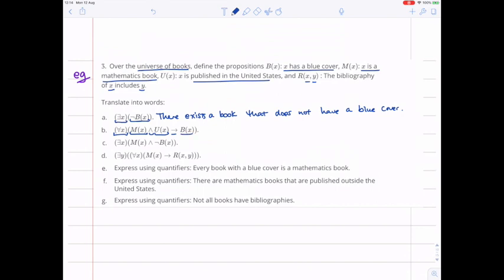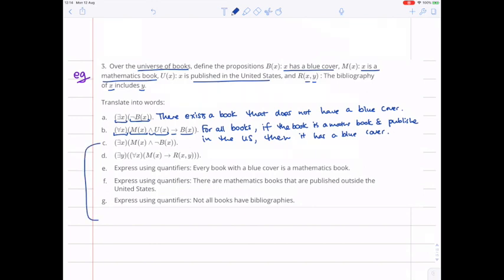All right, so for all books, if the book is a maths book and published in the US, then it has a blue cover. Okay, so we've translated it. We're not saying that this is necessarily true.